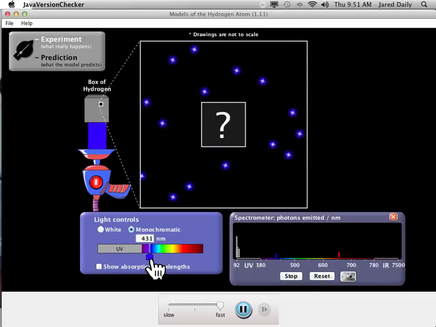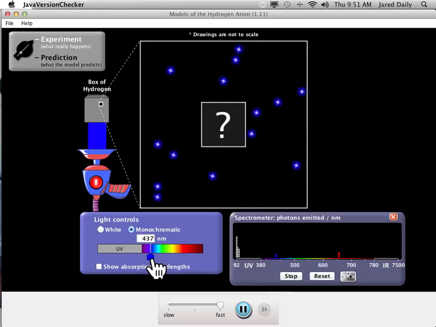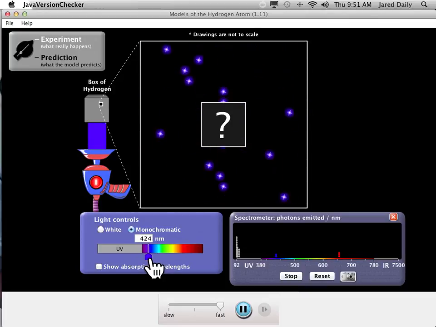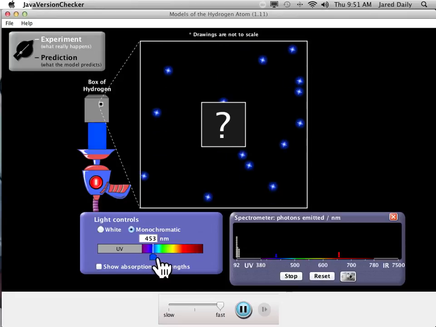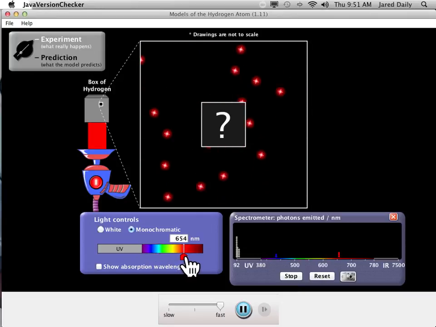Yeah, that is what I was saying. It would be like 505. Should be at 430 something, I'm guessing. 440 maybe. The red one, which is just above 650.